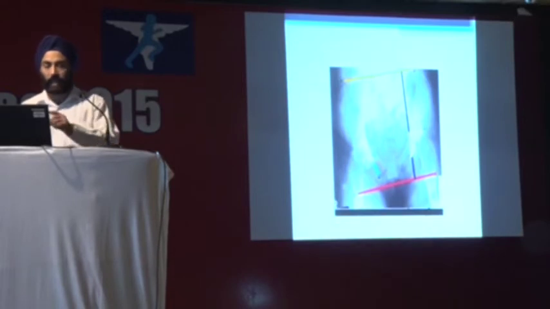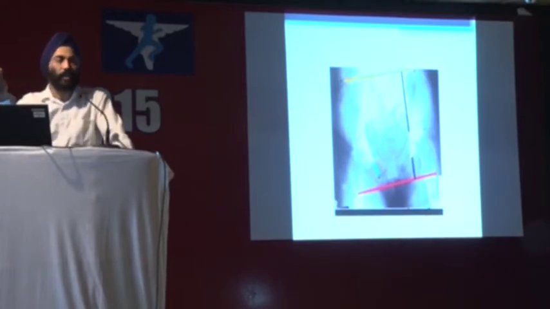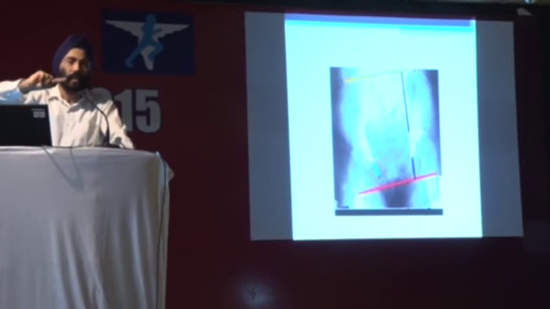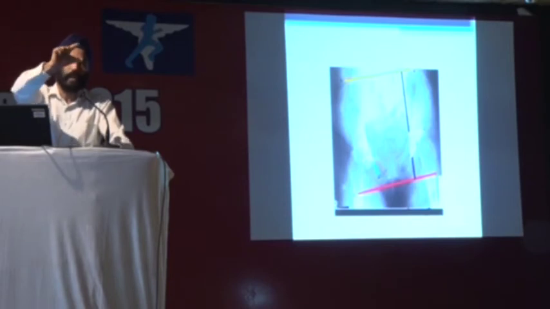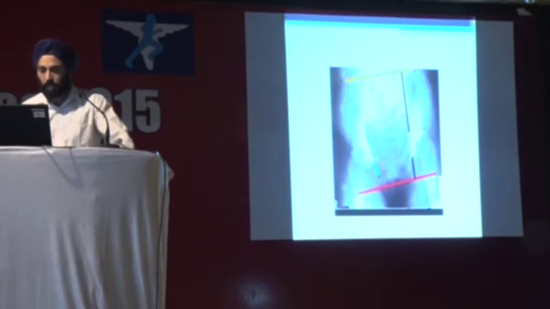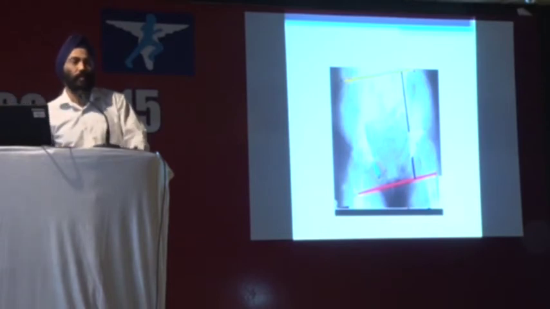Then you take a template which the company usually gives, color this area, and see that your acetabulum sits exactly in this colored area. So you define the size of your acetabulum, and exactly where you have to bring down the acetabulum during reaming also. That's how you put your acetabular socket in place.